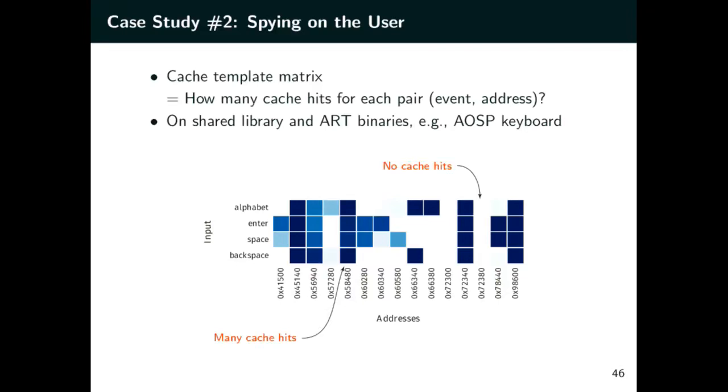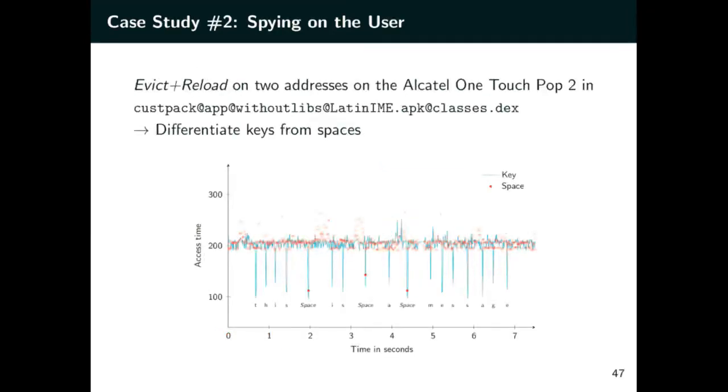So that was how to see which addresses we are going to choose to monitor. And now, monitoring them using Evict+Reload. So on 2 different addresses, on the Alcatel One Touch Pop 2, on this text file, you can see that we can really differentiate keys from spaces. We have very precise timing here, and we have exactly 1 cache hit per space that the user pressed.